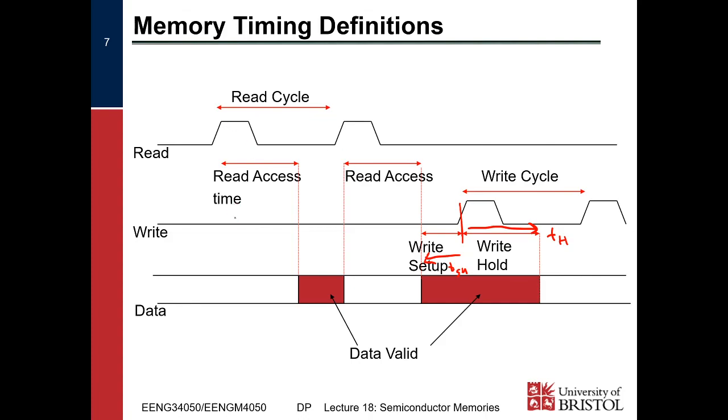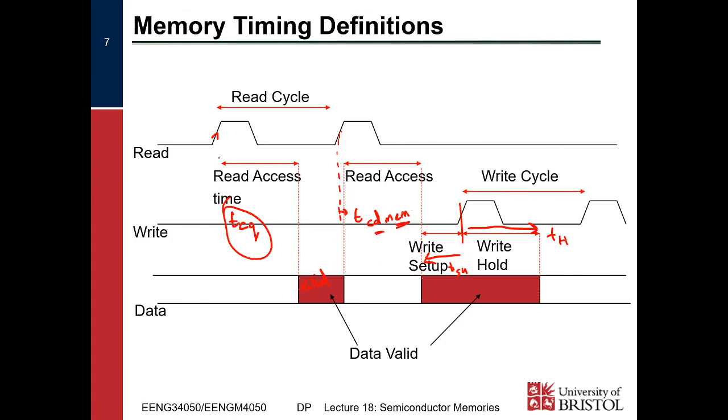The read access time could also be known as the TCQ, so the time from enabling the read to the read becoming valid. That's the same as your TCQ component with your flip-flops. Also, the time from us asserting a read to the read becoming invalid, that's your TCD, the contamination delay of your memory.